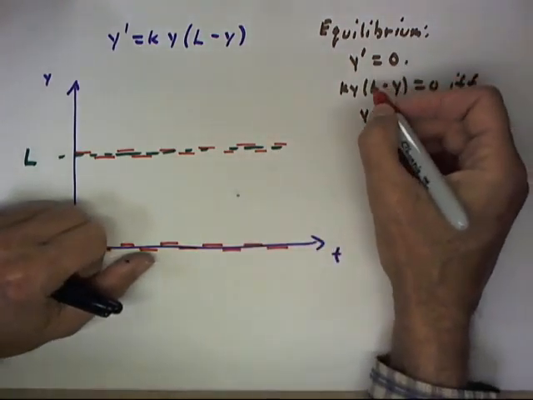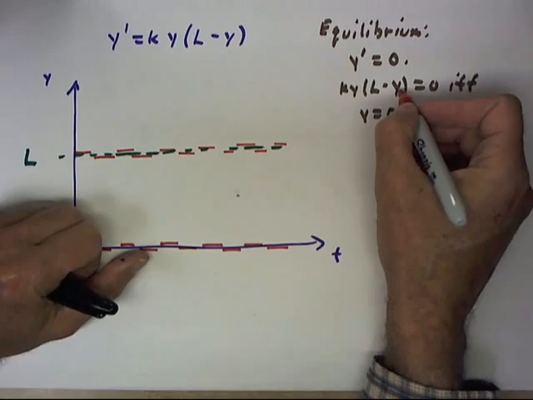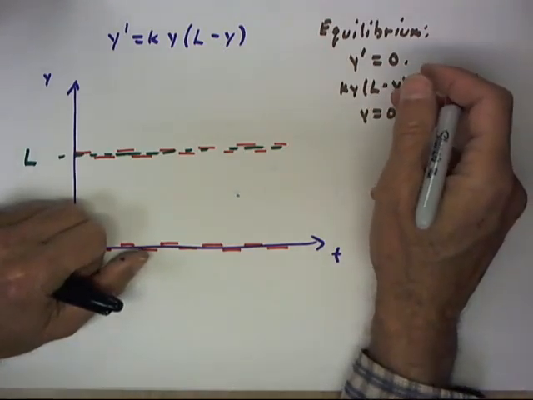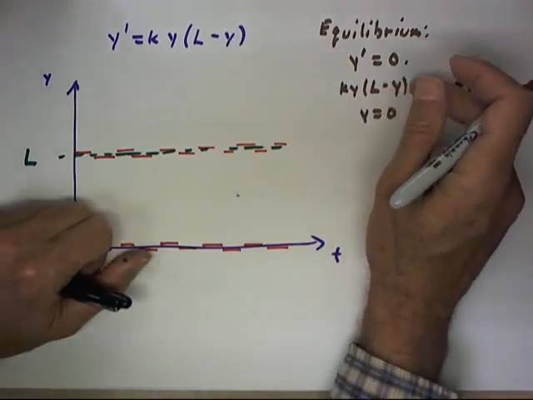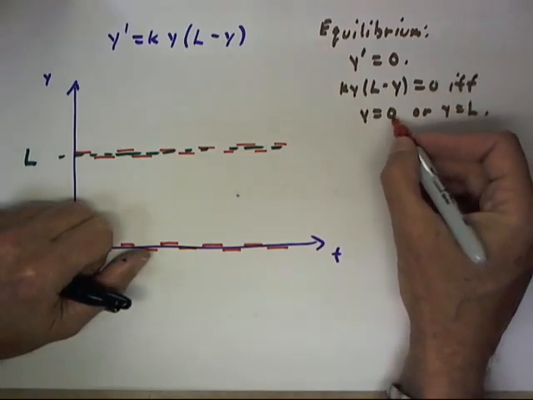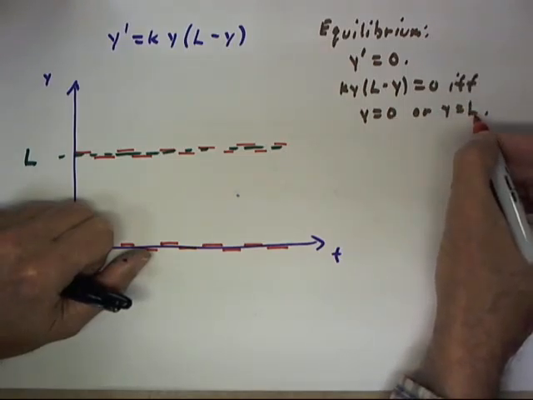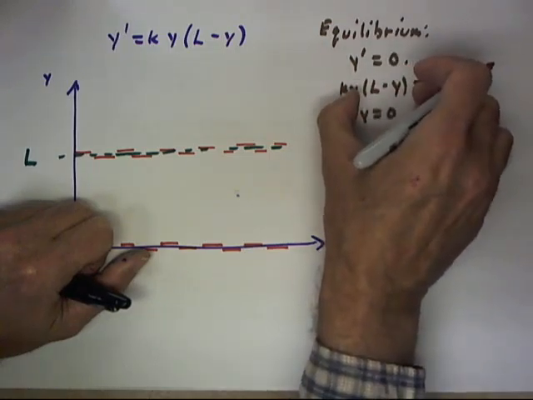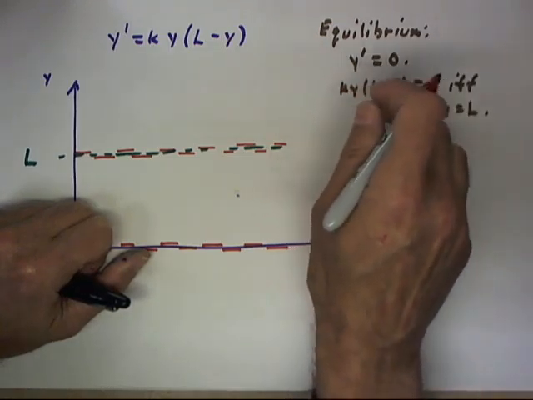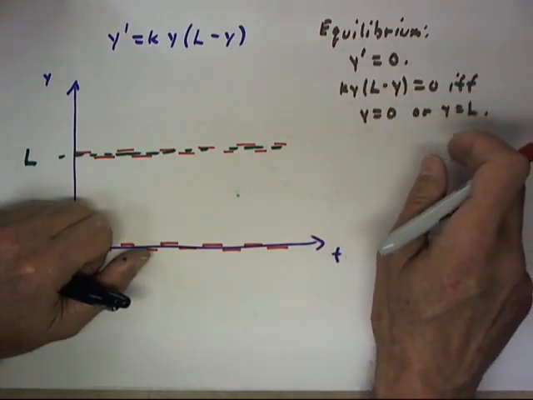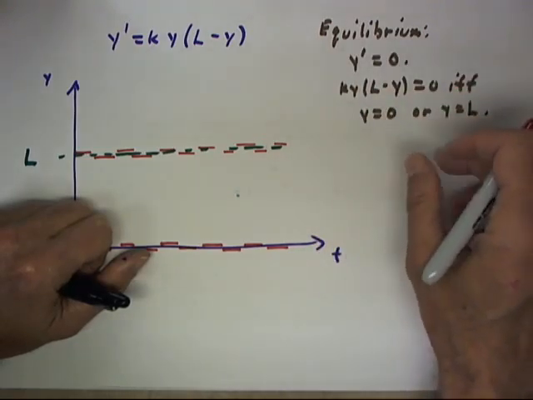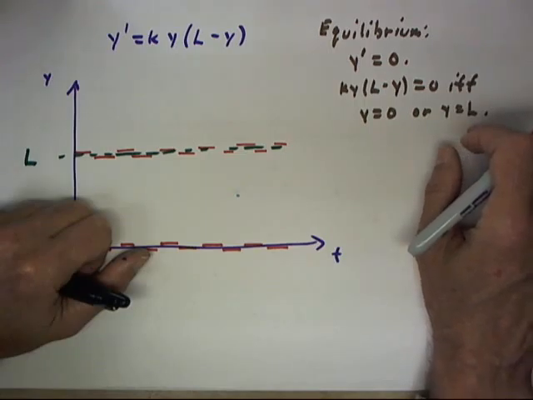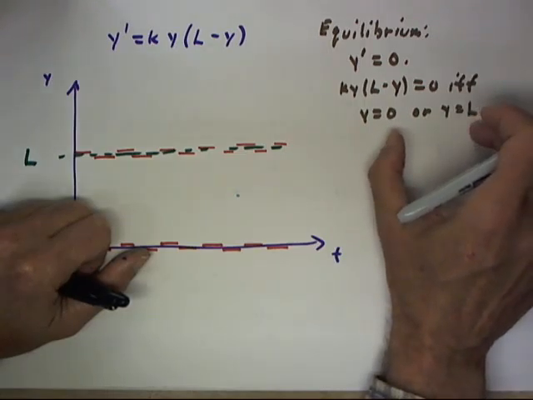Now, if we just think about y times (L minus y), if that's multiplied out, it's quadratic, with zeros at y equals 0 and y equals L. If we're going to draw a graph of this function, y times (L minus y) versus y, it would be a quadratic function with zeros at these points. A quadratic function has a parabolic graph.